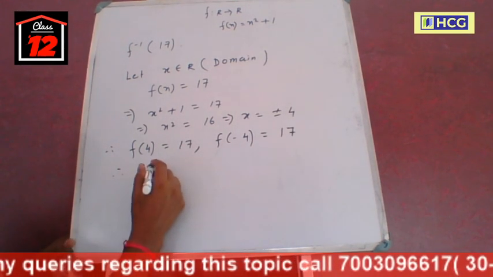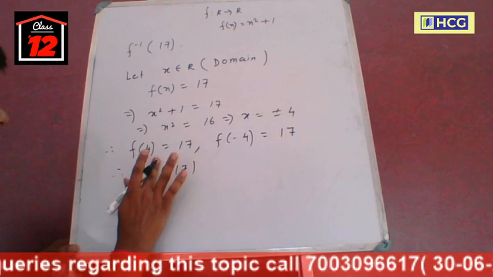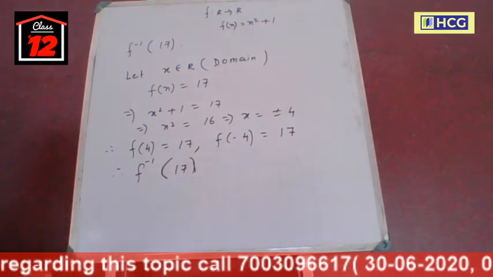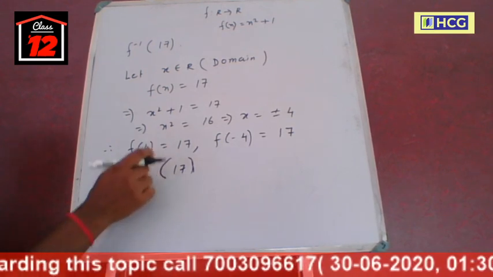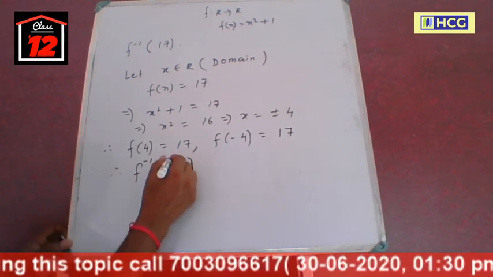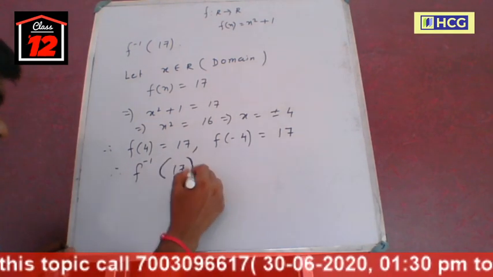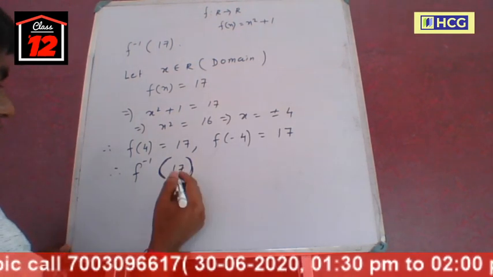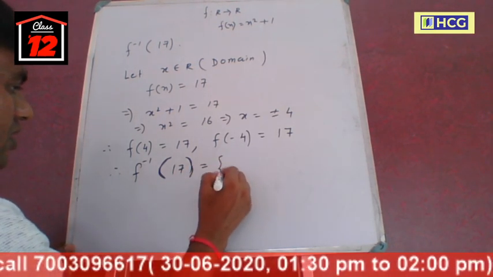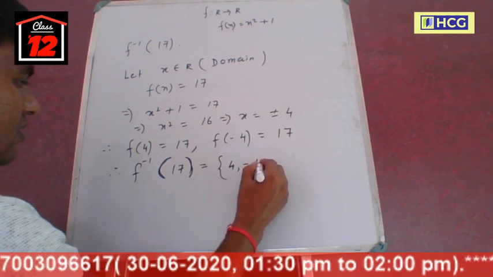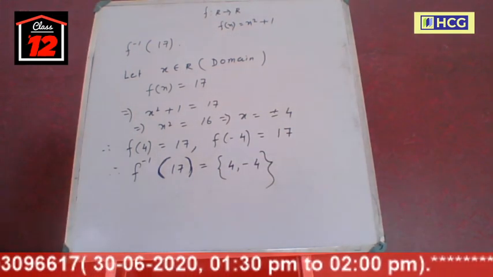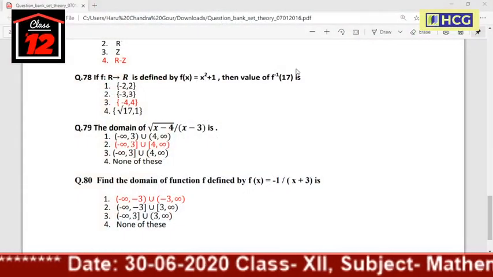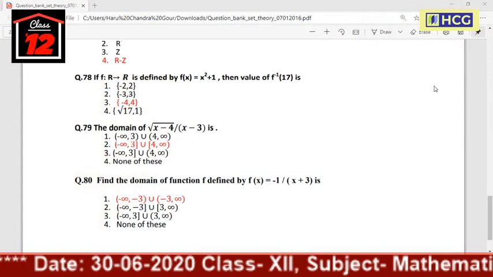So therefore f inverse of 17. This inverse is not a mapping inverse. Now this f inverse is an inverse image set. So f inverse of 17 is equal to the collection of two elements, 4 and minus 4. Option 3 is correct.